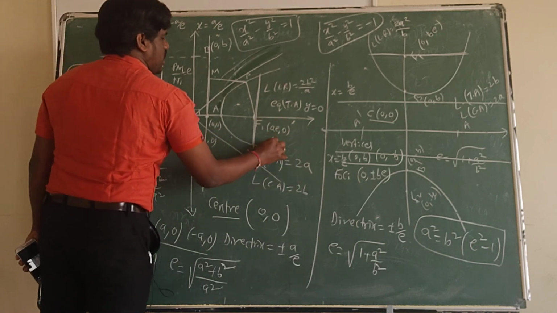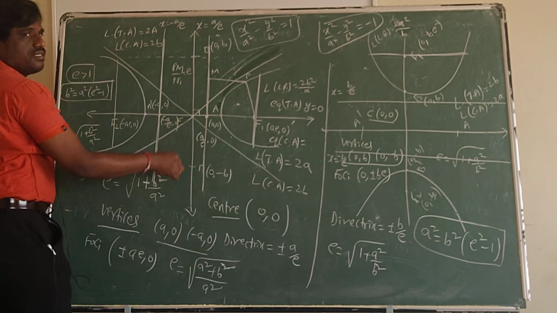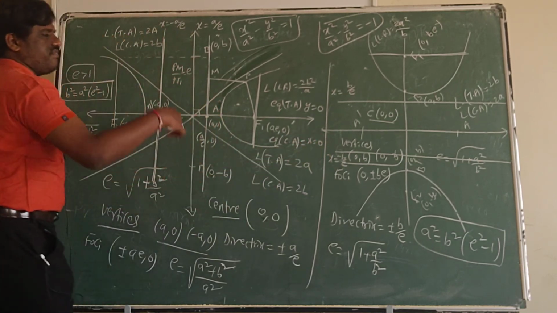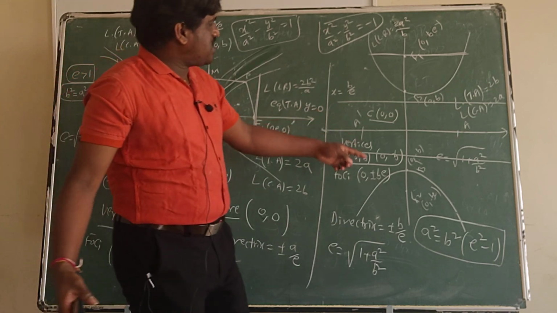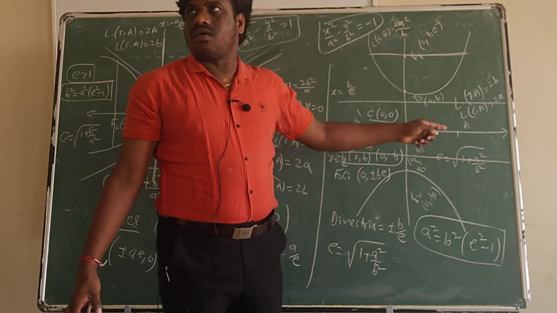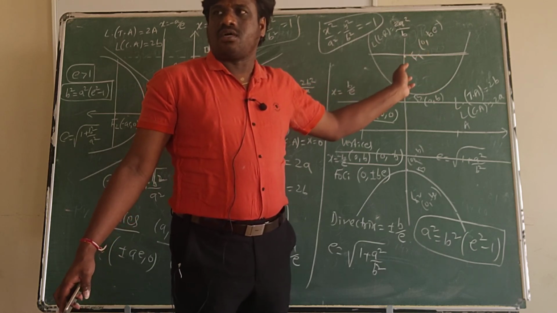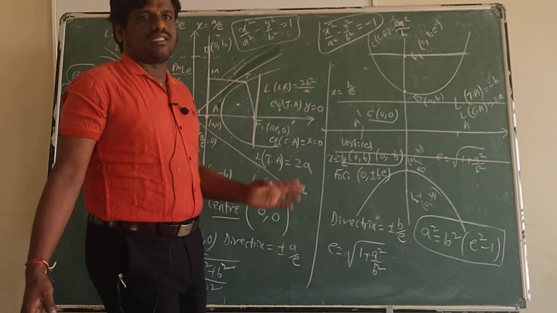The equation of the conjugate axis will be, this is the y axis, x is equal to 0. Same way here, it is reversed. The equation of the transversal axis is x is equal to 0, since the y axis means x is 0. The equation of the conjugate axis is y is equal to 0.